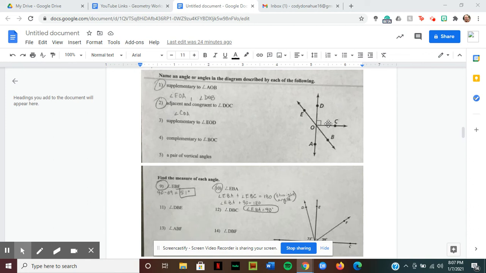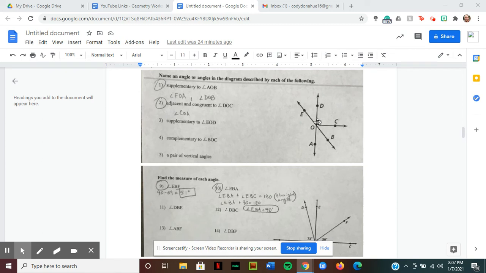So at first glance, we may not see anything that's just popping out to us, but if we think about looking at an angle from a bit of a faraway distance, kind of taking out some pieces, we may be able to see something that works for us. So angle COB doesn't really seem like it could work, and angle EOD doesn't really seem like it could work. But what if we just imagined that this little ray right here didn't exist? Then we'd have angle COA.